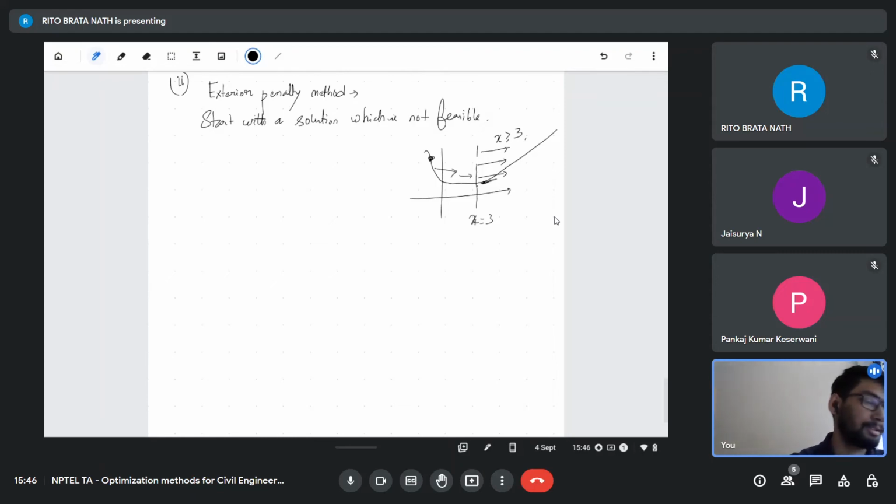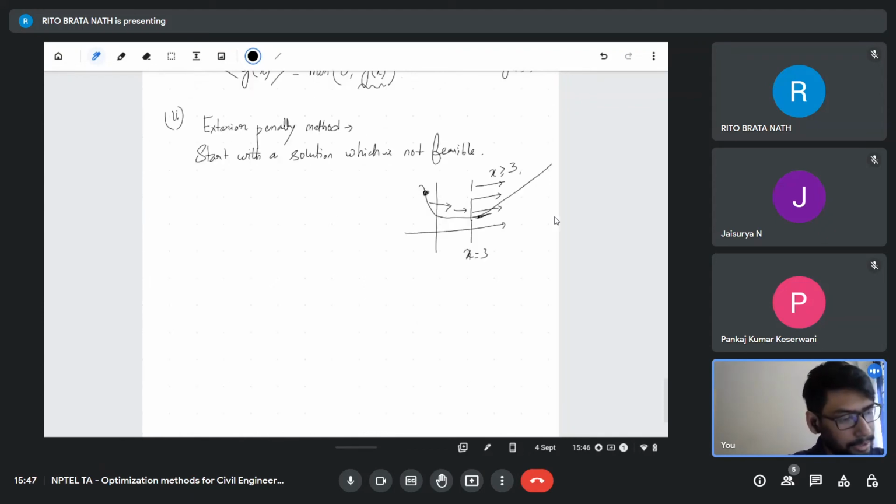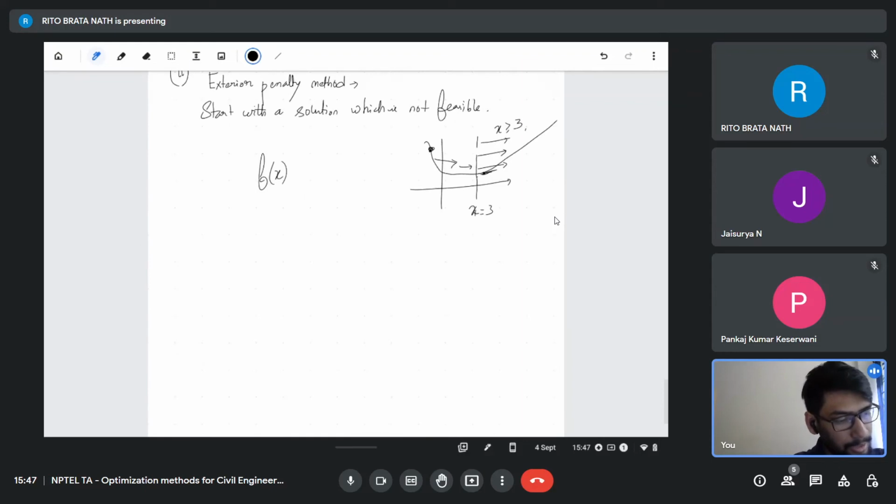So you'll move in this right direction. In that case, you can add this penalty term. Suppose this is f(x) plus r times g(x), and this violation is if you are in the other region. Since you are in the less than or equal to region, this has to be a square term as well.